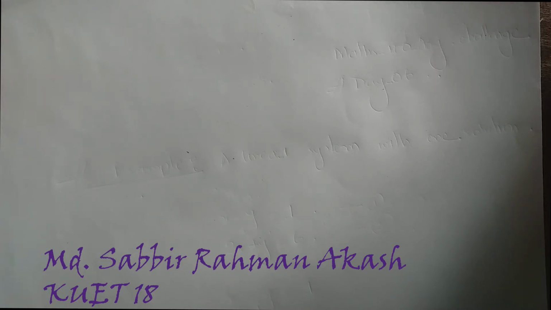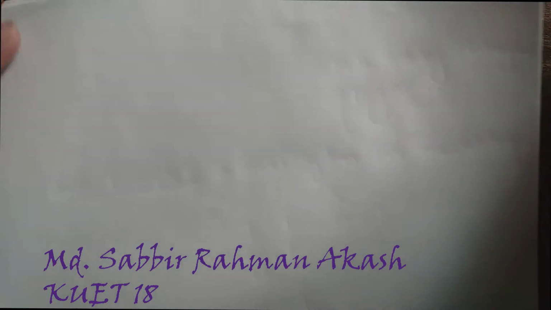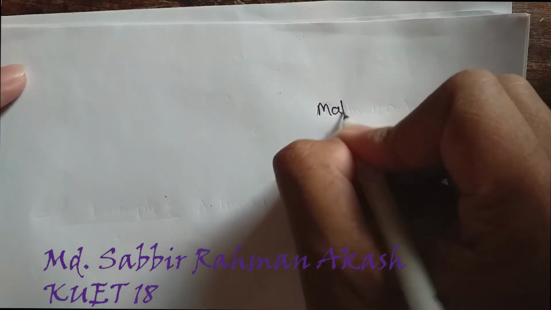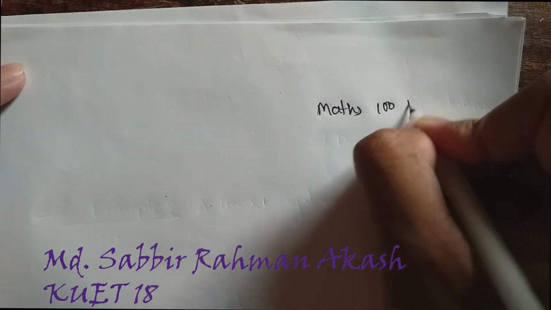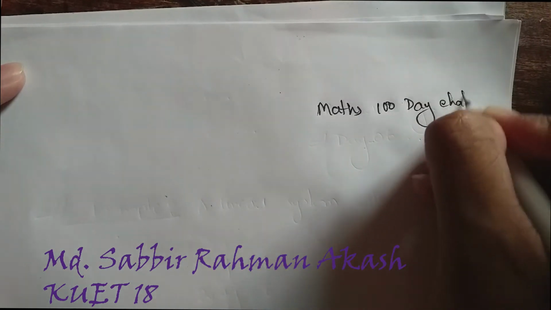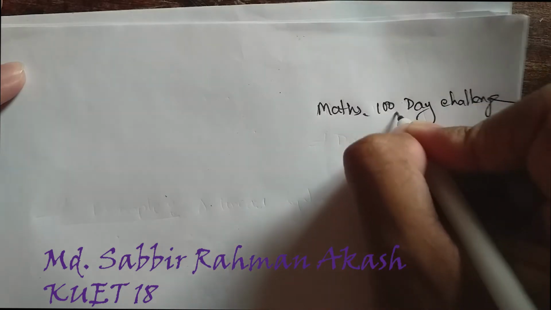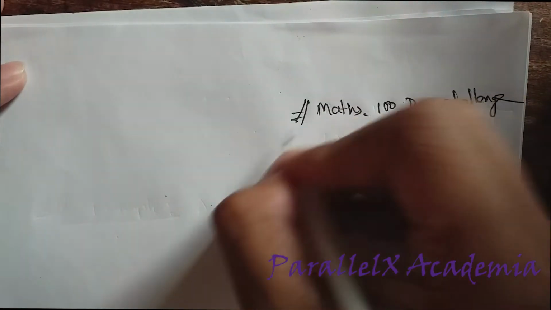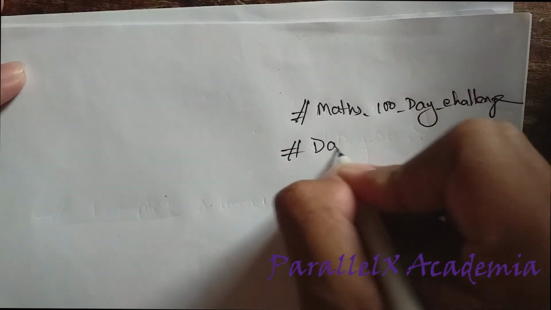So we'll be talking about a linear system with no solutions. As you see, this is day 7, and we're here with the Maths 100 Day Challenge. Alright, let's get started.